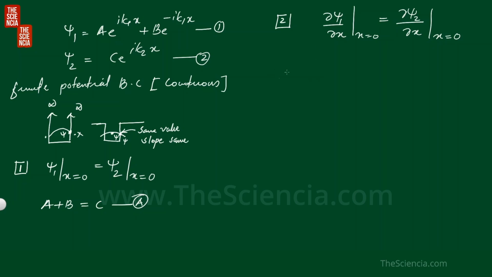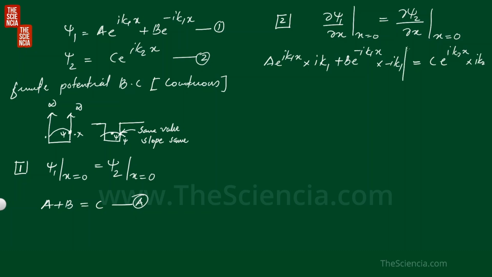The partial derivative of psi 1 will give a e raised to i k1x into the derivative of i k1x, that is i k1, plus b e raised to minus i k1x into minus i k1, is equal to the derivative of psi 2, that is c e raised to i k2x into i k2.